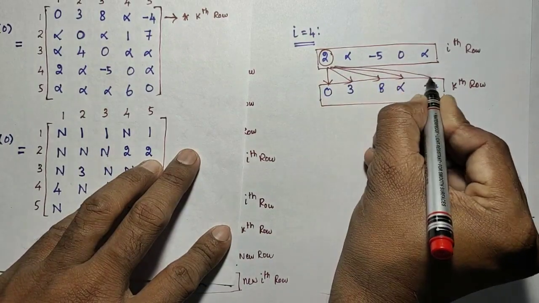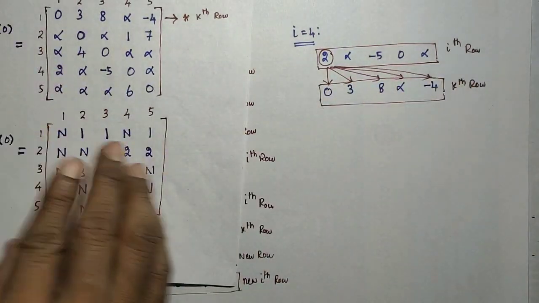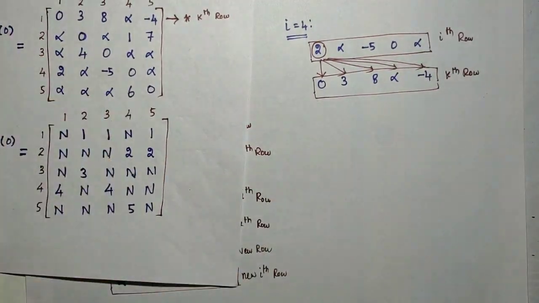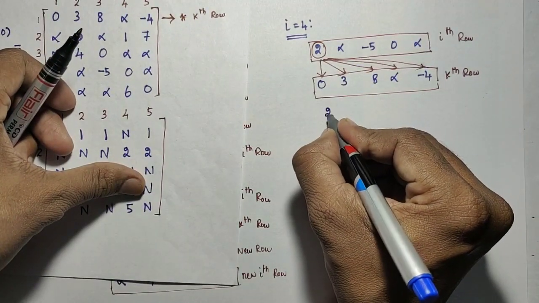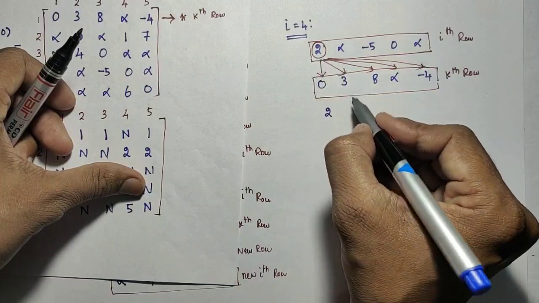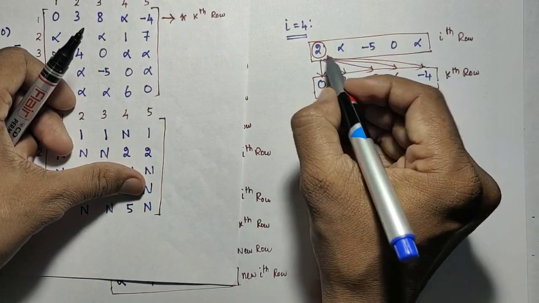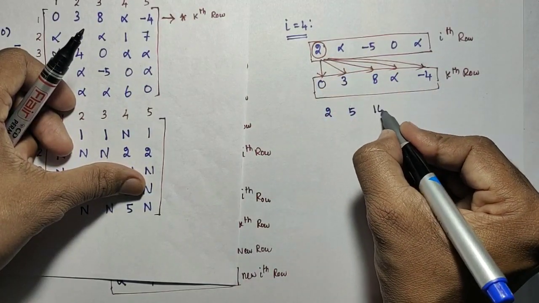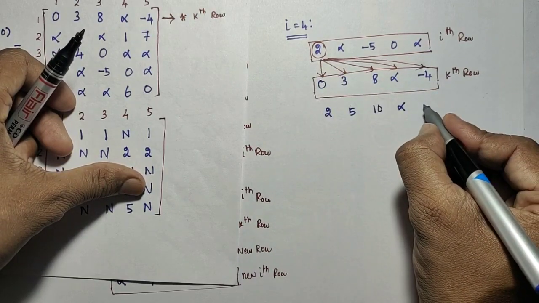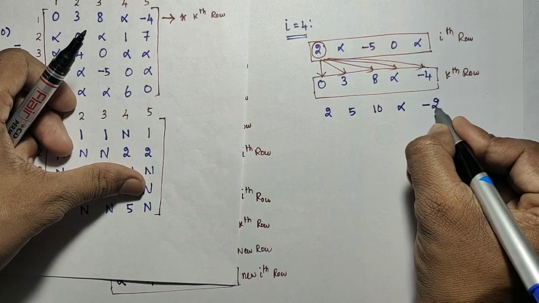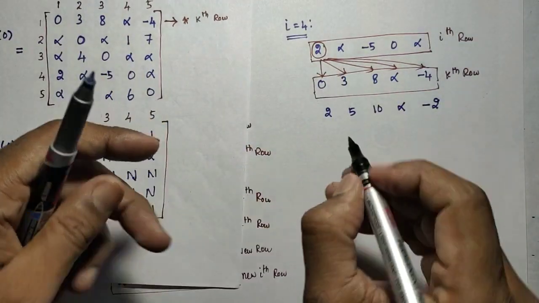The new elements will be 2 plus 0 is 2, 2 plus 3 is 5, 2 plus 8 is 10, 2 plus infinity is infinity, 2 minus 4 is minus 2.